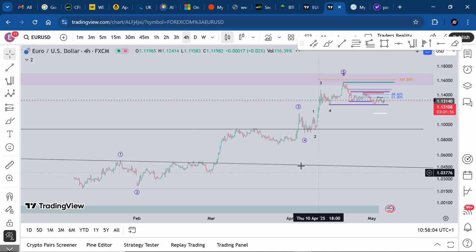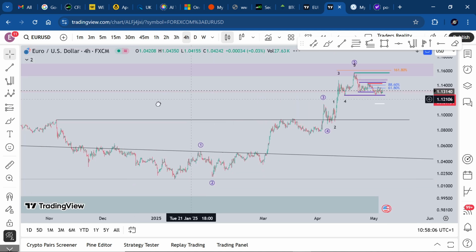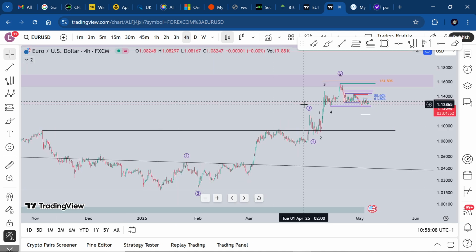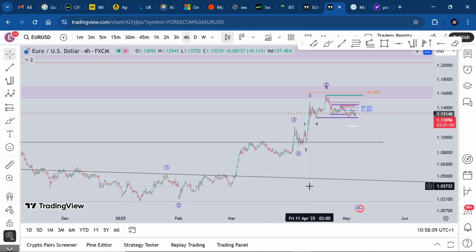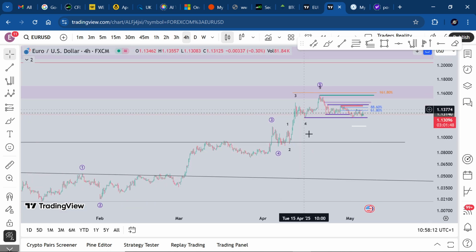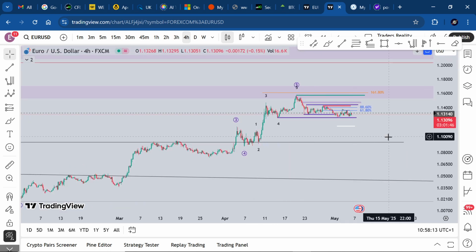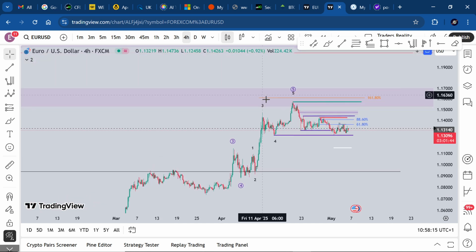On the 4 hour, we clearly had a 1, 2, 3, 4, and 1, 2, 3, 4, 5. It's just that the 5 in the 5 is suspect.